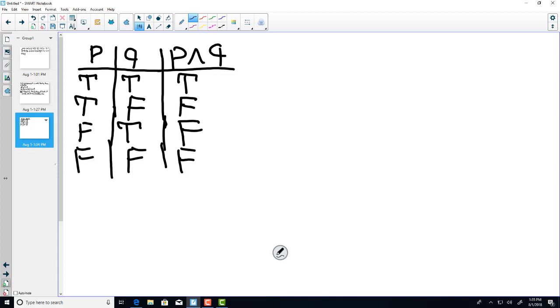So the other logical operator is disjunction. Let's make a definition here.